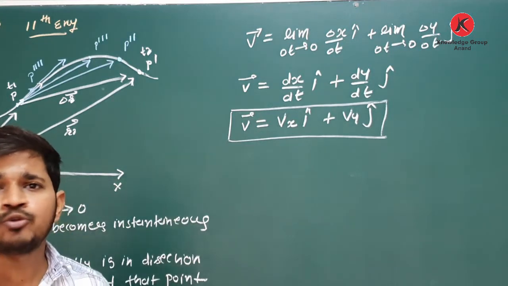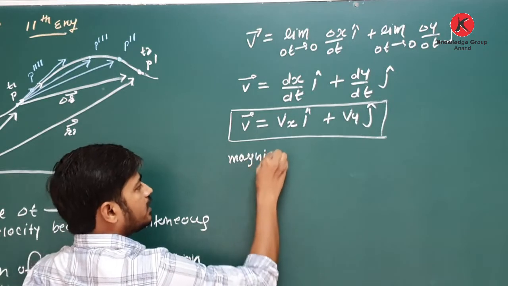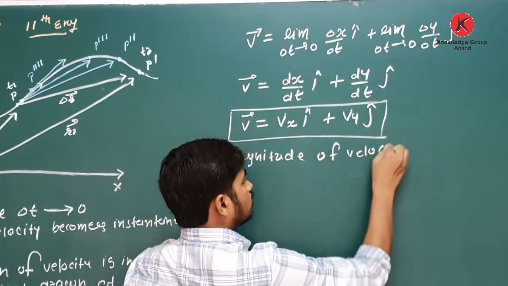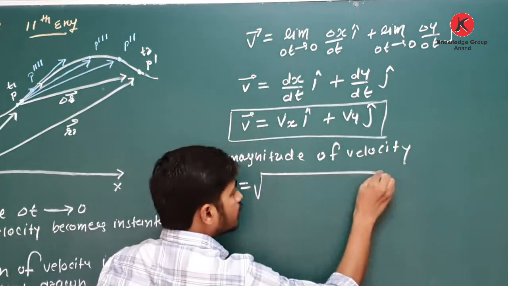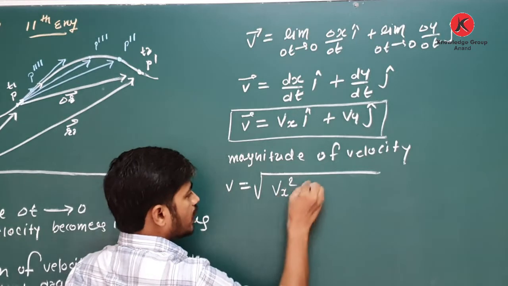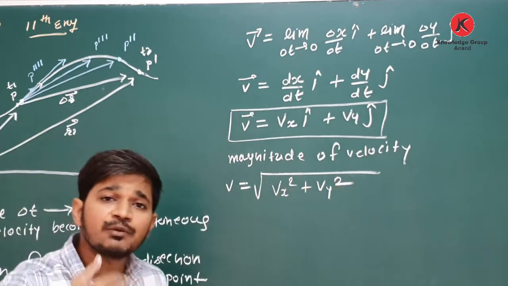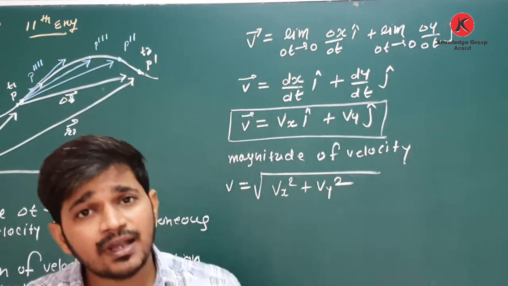Now you know how to find its magnitude. Magnitude of velocity: V is equal to under root Vx square plus Vy square. Yes, you know its equation. Remember, A is equal to under root Ax square plus Ay square.